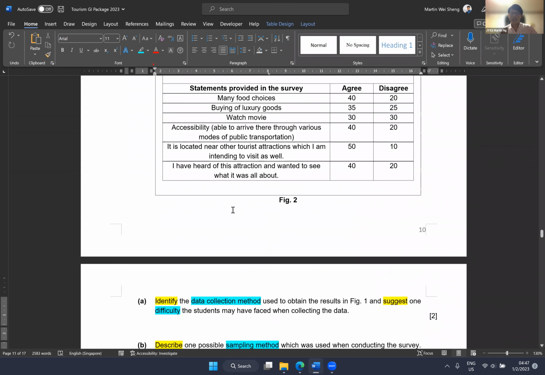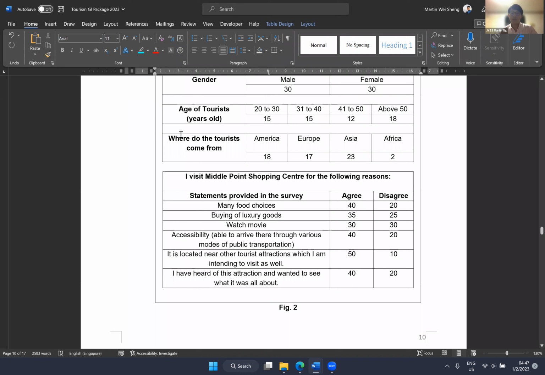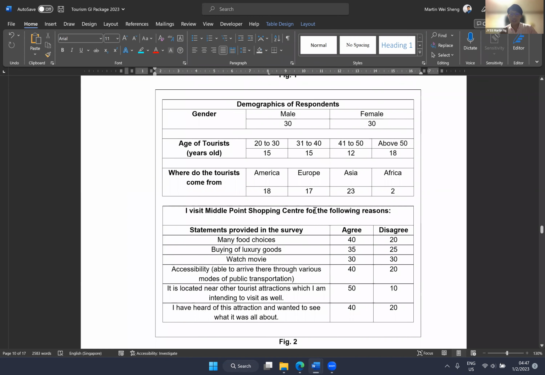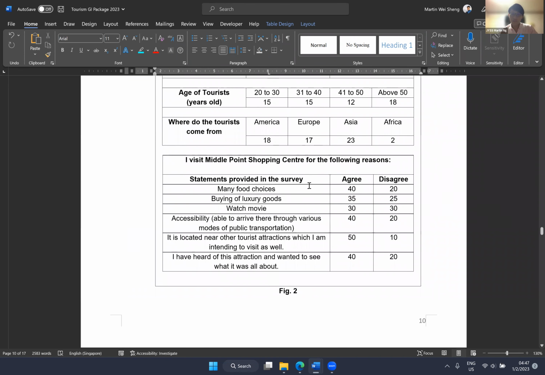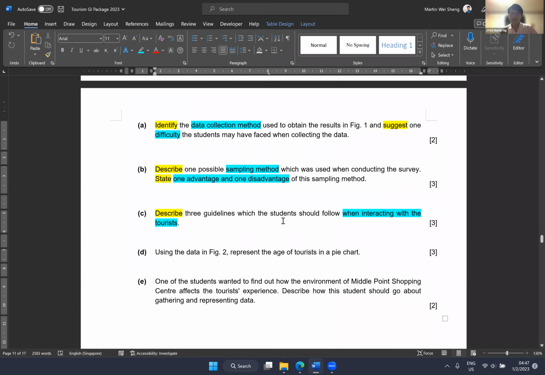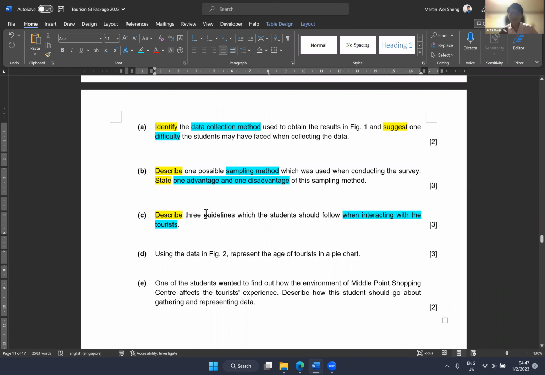Now, if you got the answer, you say that they would interact with the tourists when giving out this questionnaire. Okay, it means that you have gotten it right, right? So for this question, you have to consider what are some of the rules, the guidelines, the best practices when doing a questionnaire. Okay, can you just go up and tell the tourists, now finish this? Or do you have to actually explain things to them, guide them into how to finish the questionnaire? So you consider 3 of them, okay, 3 guidelines.